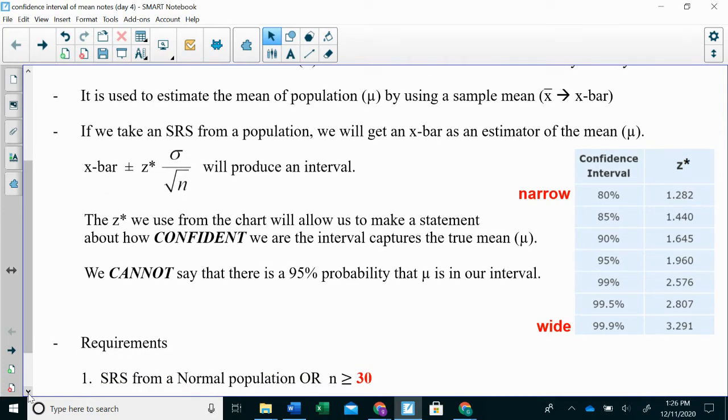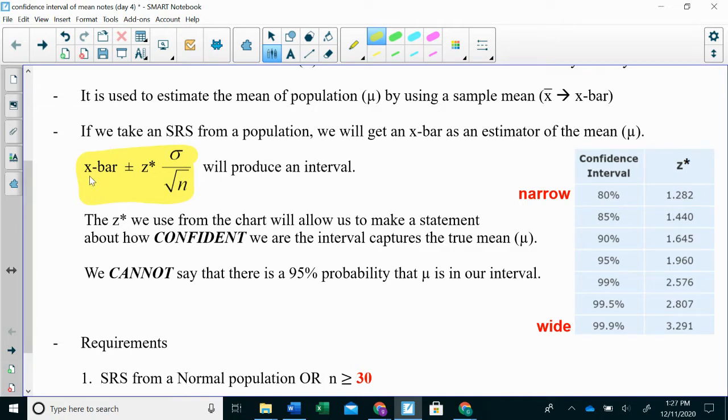All right, this interval that we are going to create, X bar plus or minus the Z interval times this new looking fraction. It's a little bit more simplified than the previous square root formula we had. This is the math process that will allow us to calculate this 95% confidence interval for the mean.